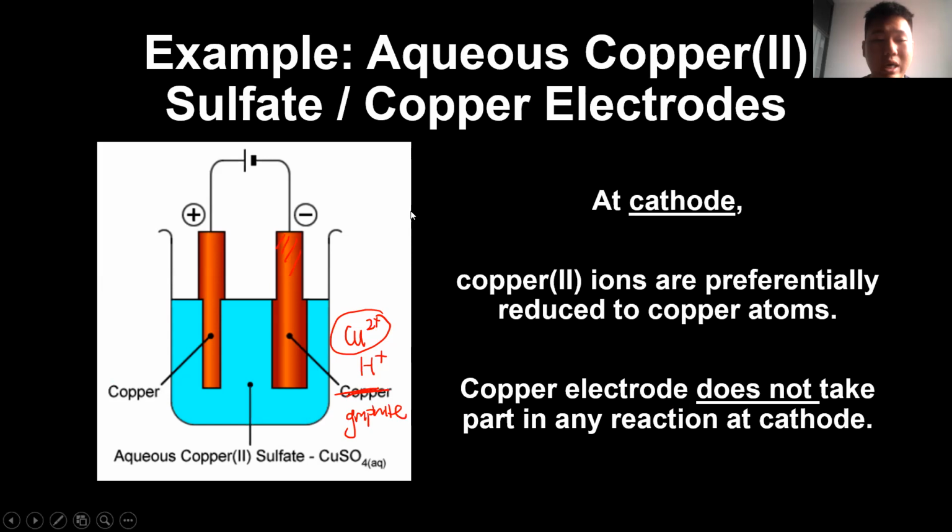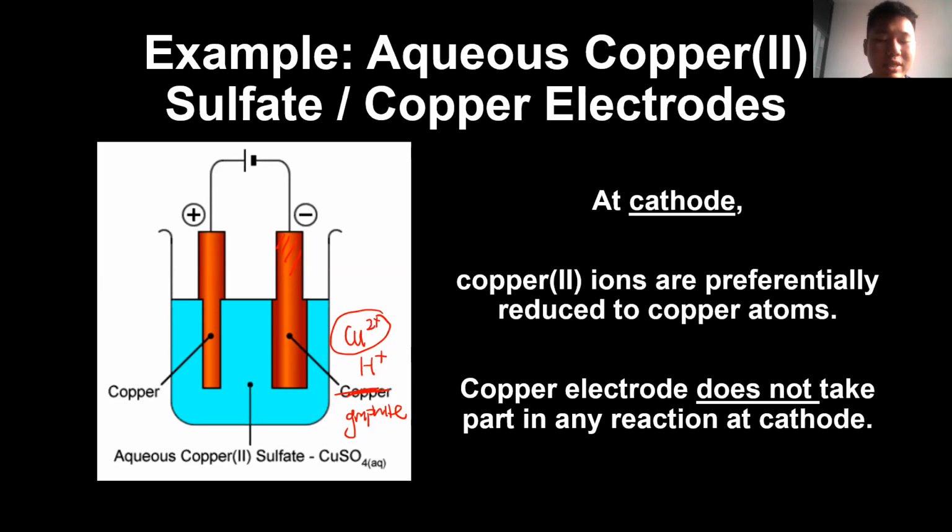It will just remain stationary. It will not dissolve, and nothing will happen to this cathode. So regardless of whether it is a copper electrode, graphite or carbon, this cathode will not take part in any reaction.